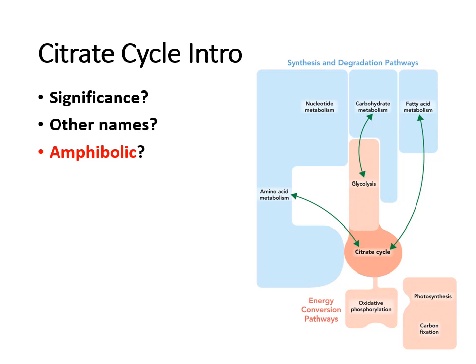The anabolic process would be building, connecting amino acids to make a protein. Okay, and you'll notice that in this figure here, the citrate cycle is connected to both types of pathways. Okay, you see that the arrows go in both directions. So we call it amphibolic because it's involved in both catabolic and anabolic pathways, breaking things down and also building them up.